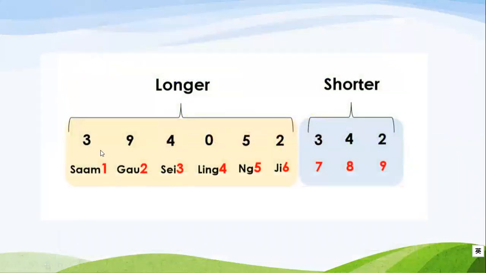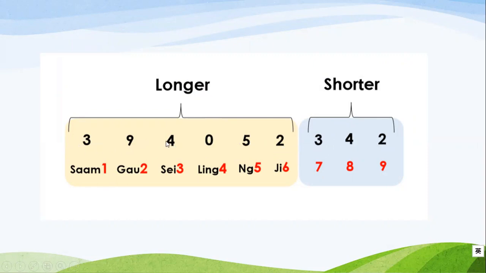So, use the numbers also in Cantonese, but for the first 6 notes it should be longer, but the last 3 notes, it is actually repeating 3, 4, 2, but shorter. It will be like 3, 9, 4, 0, 5, 2, 3, 4, 2.